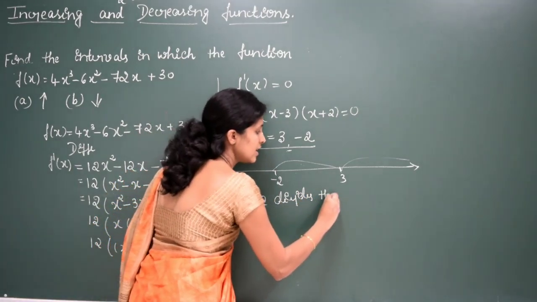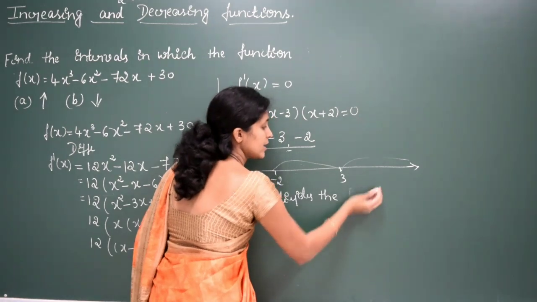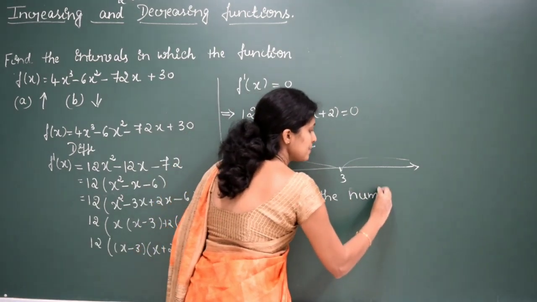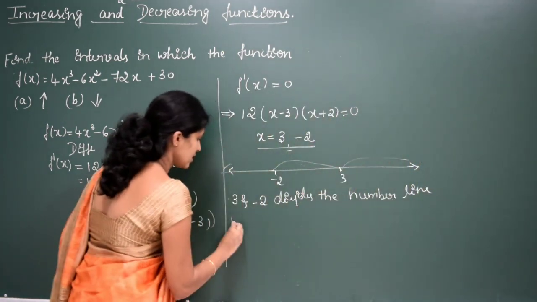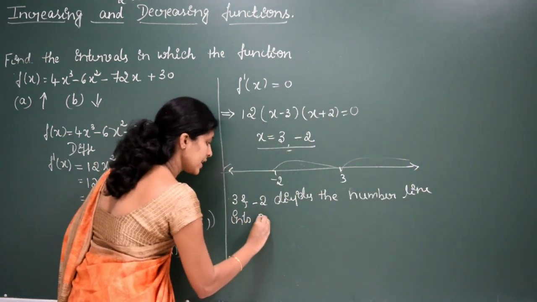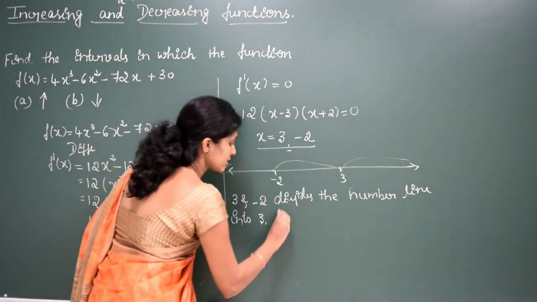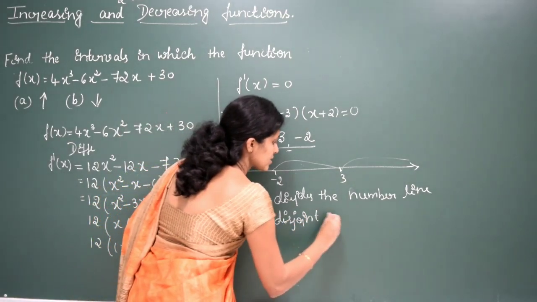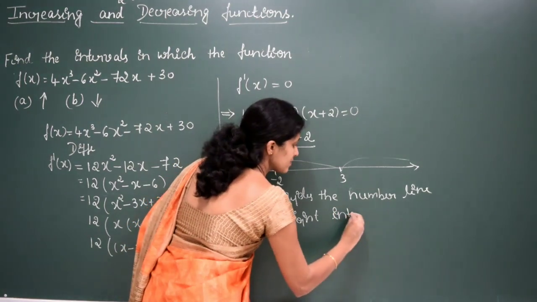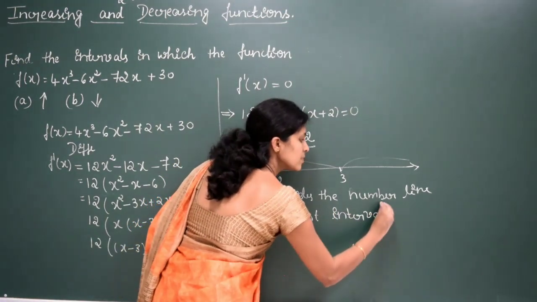What are the intervals? 3 and minus 2 divide the number line, or real line, into three disjoint intervals. What are those?